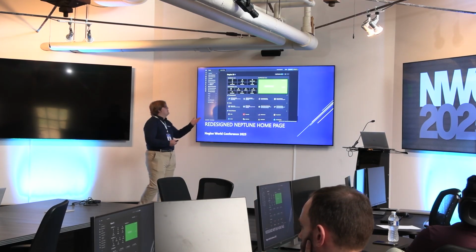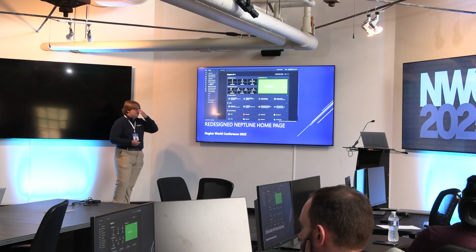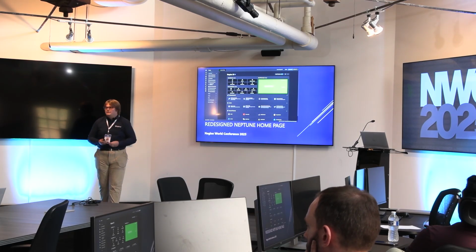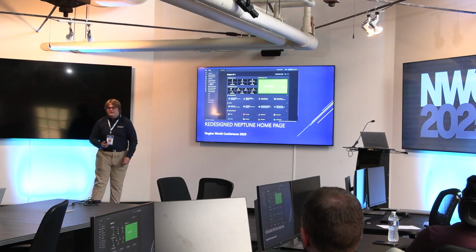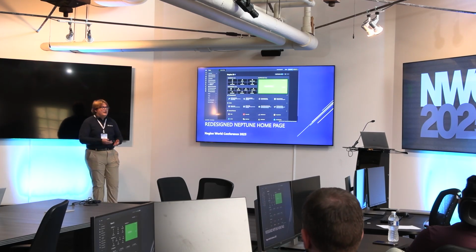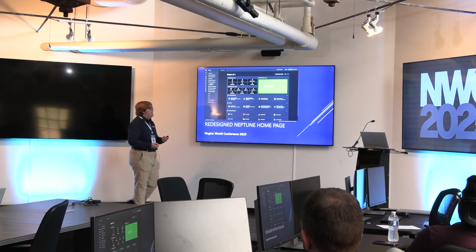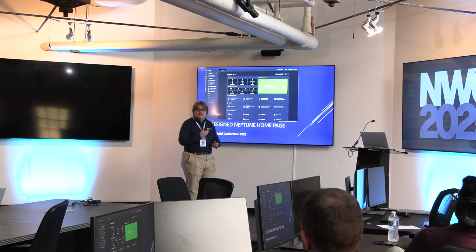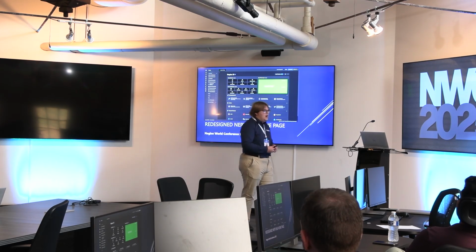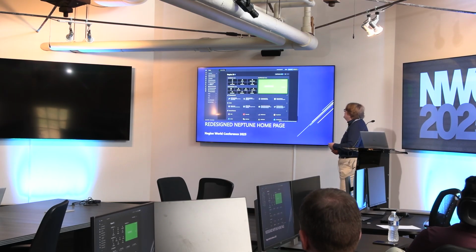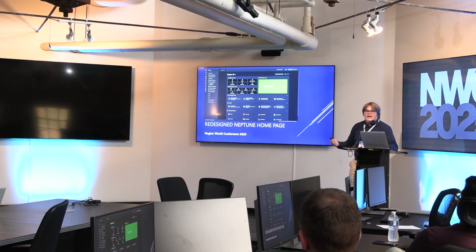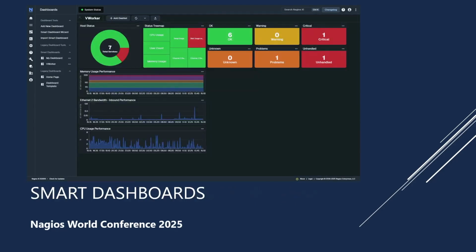So if any of these were down, it would turn red. You can click on any of the nodes inside of this tree map to go straight to that host's individual page, allowing you straight from the home page to see an issue with any individual host or service on your XI instance. It's super quick and super simple to visualize if anything is going wrong.